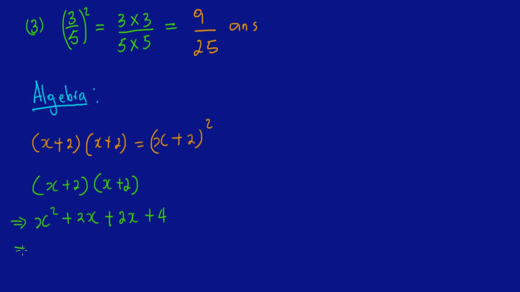So when we simplify this quadratic expression, we would have x squared plus 4x plus 4.